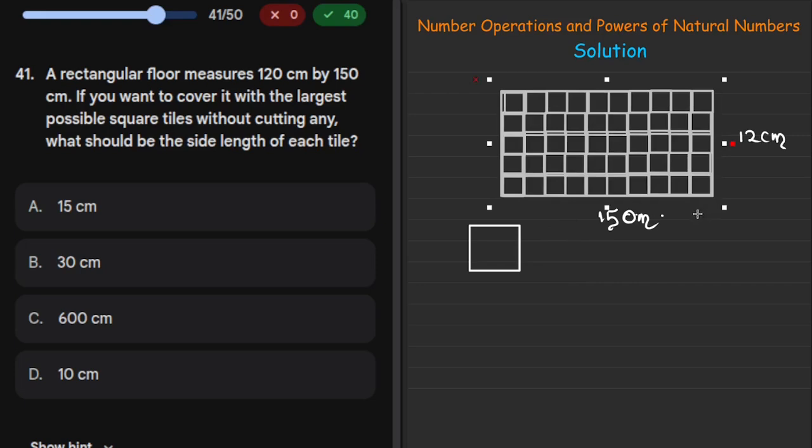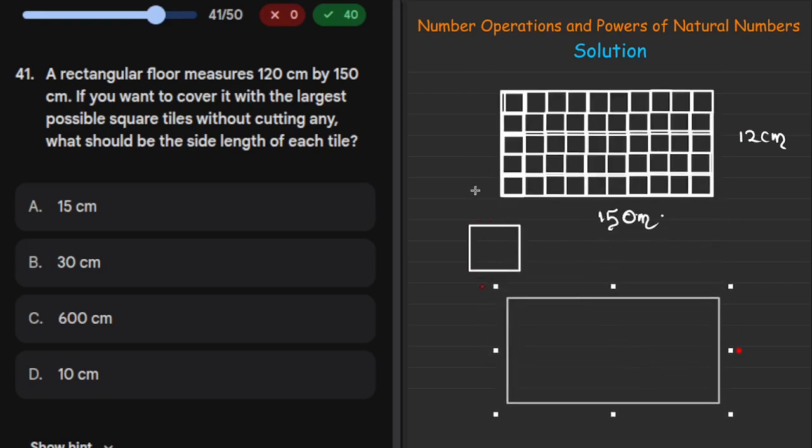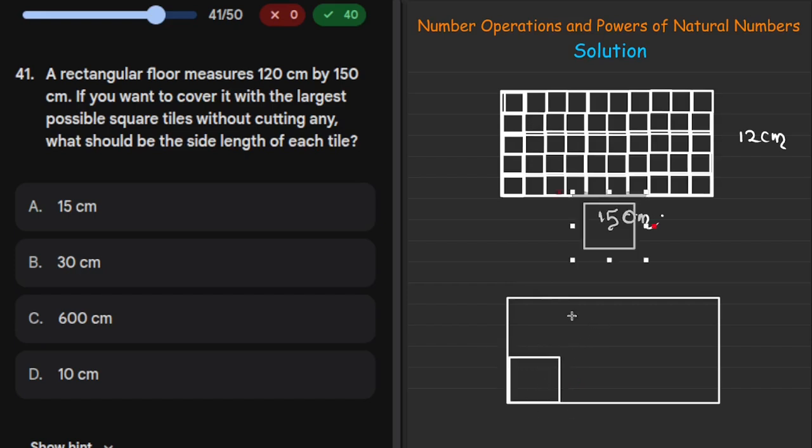Okay. Now, with this bigger one on the other hand, if we were to arrange it, I have one here, and then I have another over here. I have another here, and then there is another here as well.